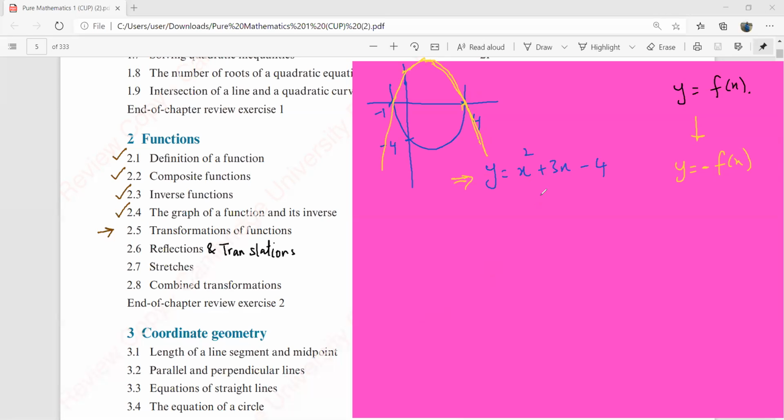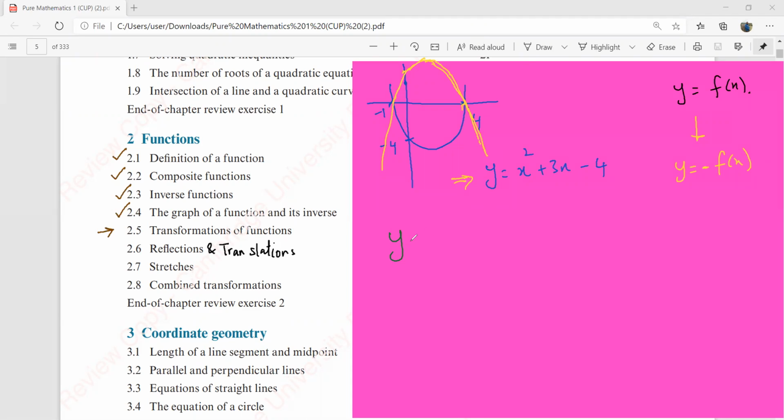Can you tell me what will be the equation for this yellow curve? Yes, the equation for the yellow curve. You have to simply put a minus before this.